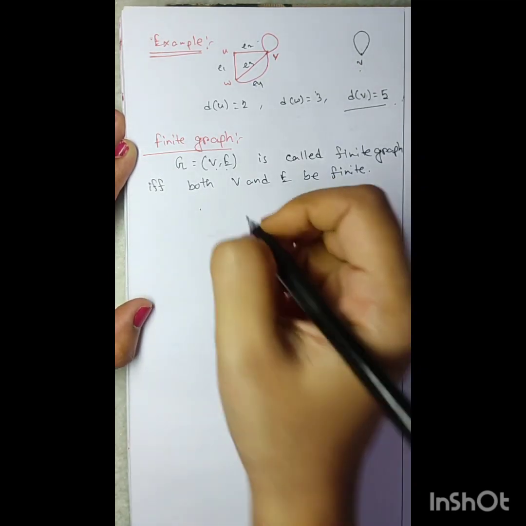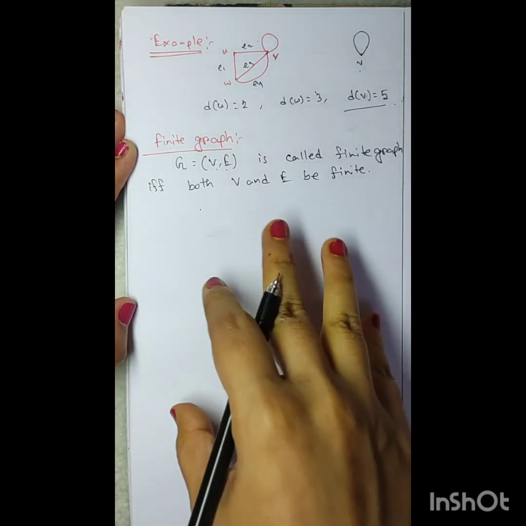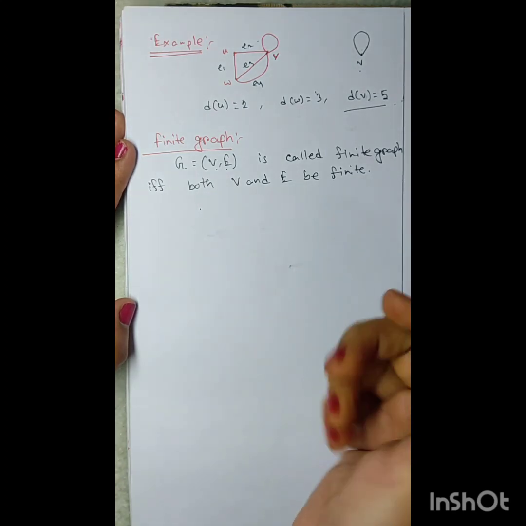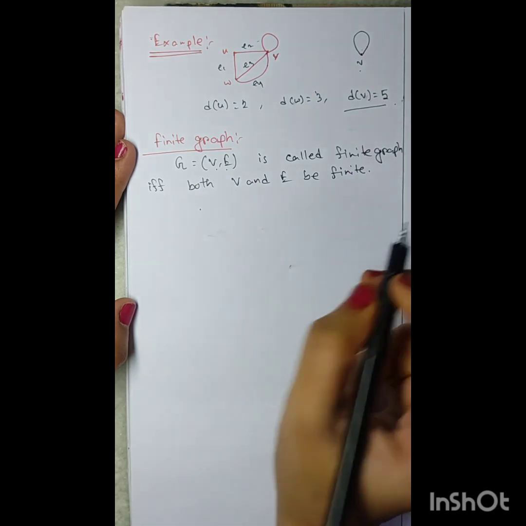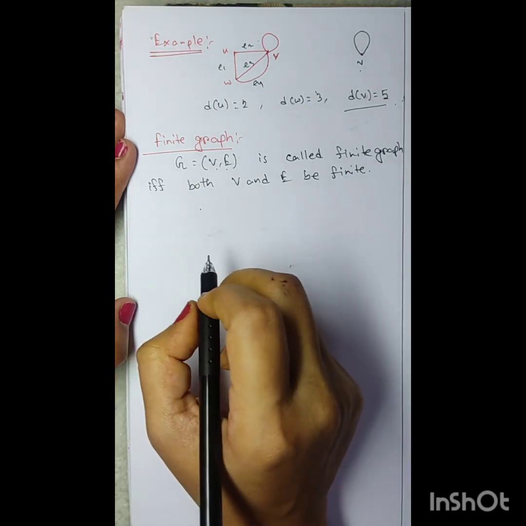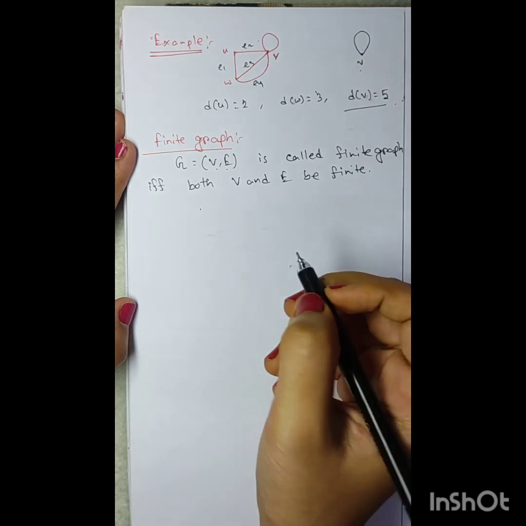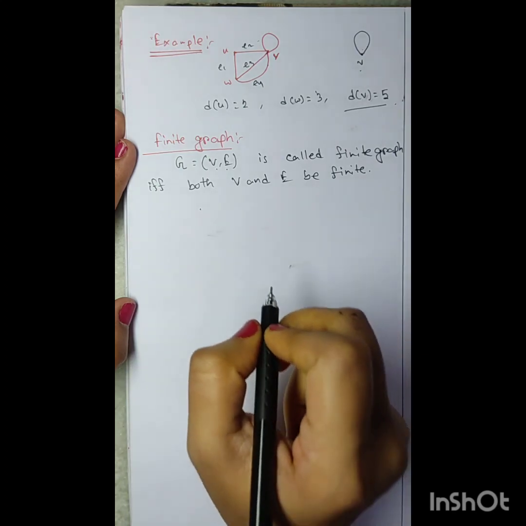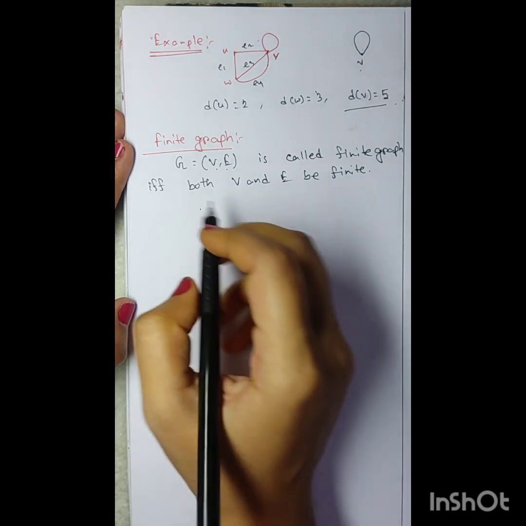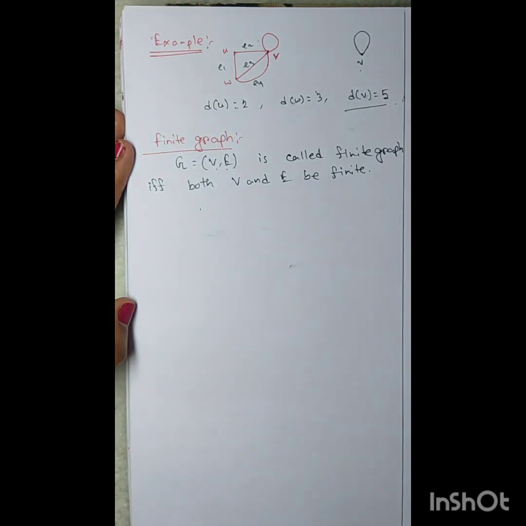All the graphs up to now that we have considered were finite graphs. But what is an infinite graph? A graph which is not finite is called an infinite graph. So if the vertex set is infinite, or if the edge set is infinite, then the graph is an infinite graph. It is not our concern in this course, so we will be mainly concerned with finite graphs.